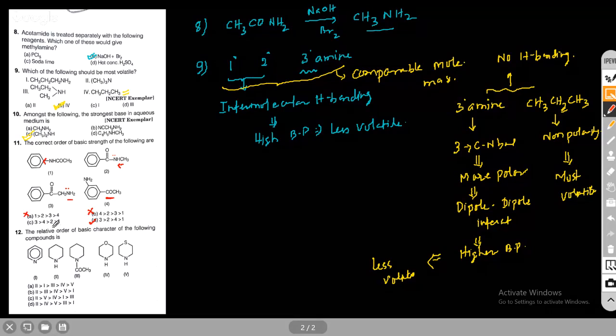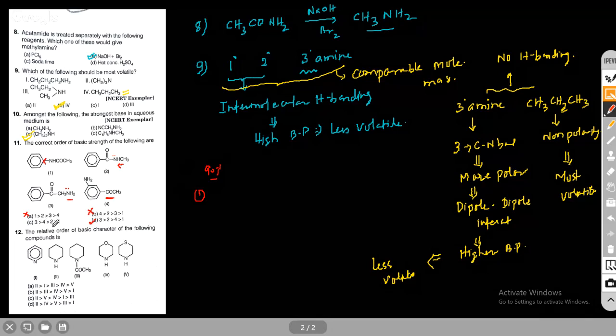So you can understand that there is an 80% or 90% probability that the third compound, which is this one, is the most basic. Okay, so if you can analyze one or two options, but if you do not know anything, then better you leave the question, right? But if you can understand that this one is least, or this one should be maximum, and after that you are stuck, then you just go through the options like what I said.